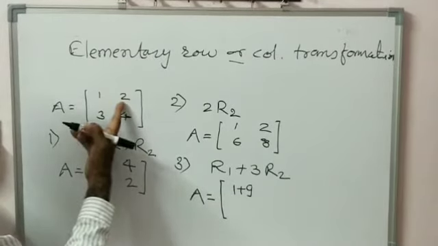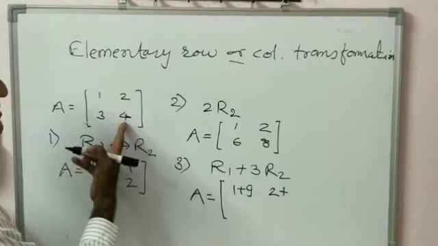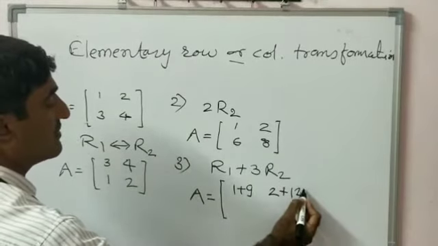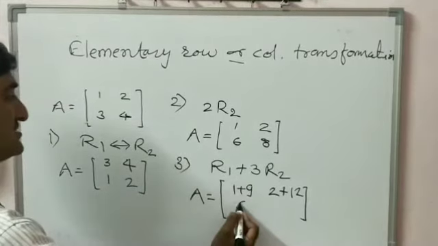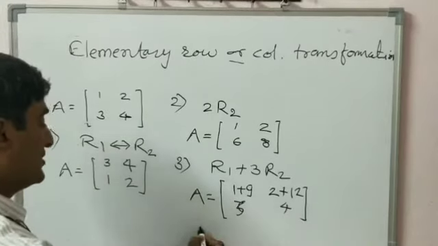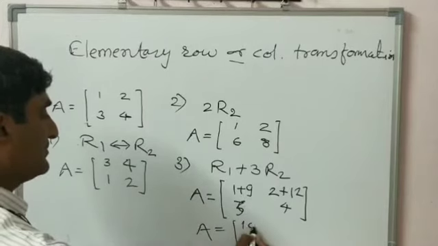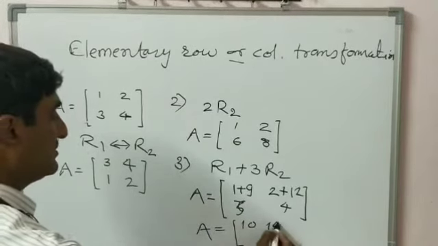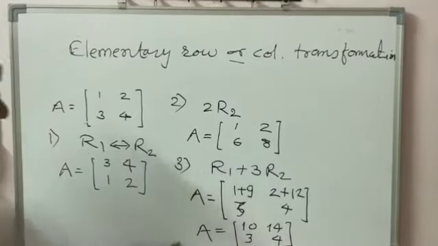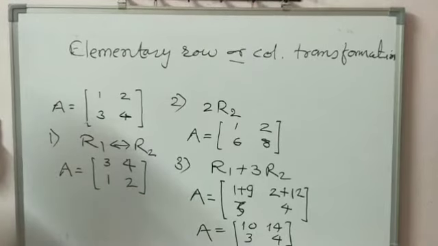Then 2 plus 3 times 4, 12, that is 14. R2 as it is, 3, 4. Therefore, this matrix is equal to 10, 14, 3 and 4. These are the elementary row transformations.